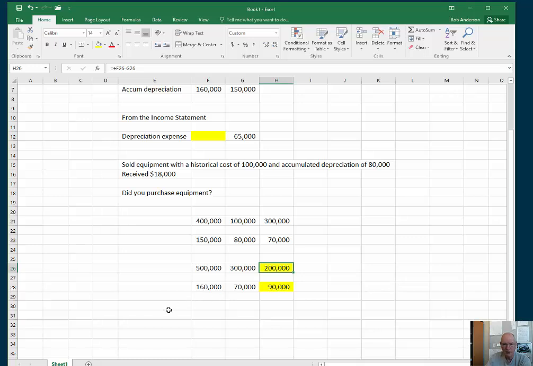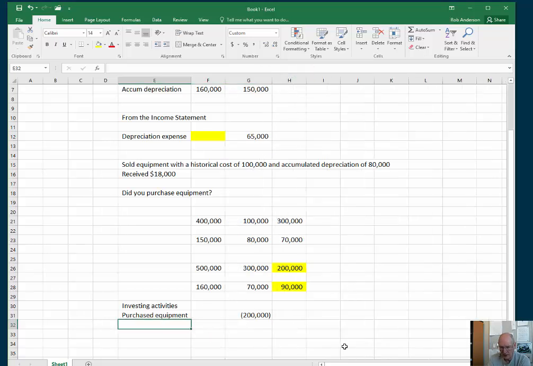So if we're doing our investing activities on our statement, call it investing, we're going to have one line that says purchased equipment, and it's going to be $200,000.